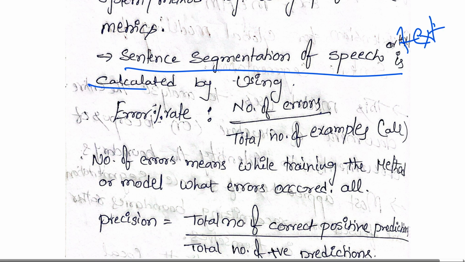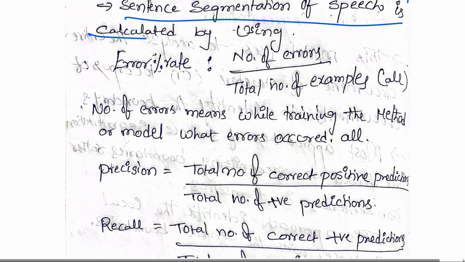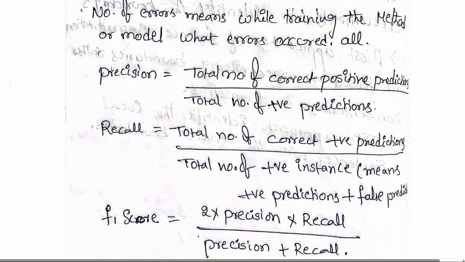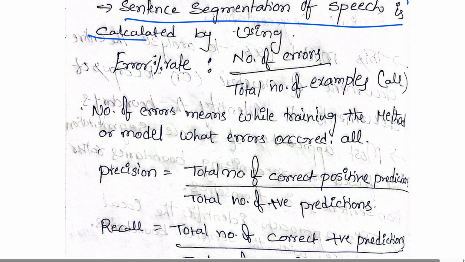After segmenting the sentences and text, and finding the sentence boundary and topic boundary, we can calculate the error percentage rate, precision, recall, and F1 score of your model. First, the error percentage rate.